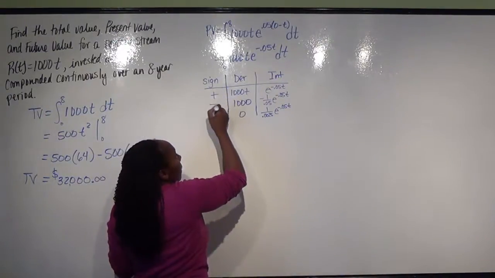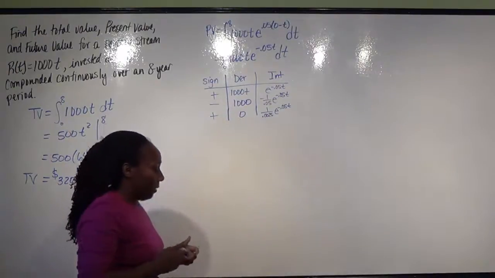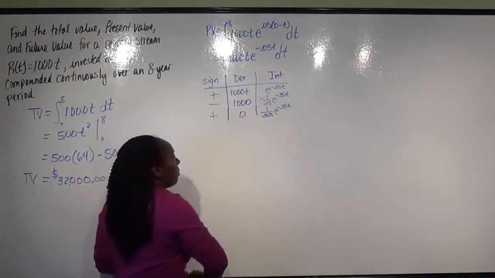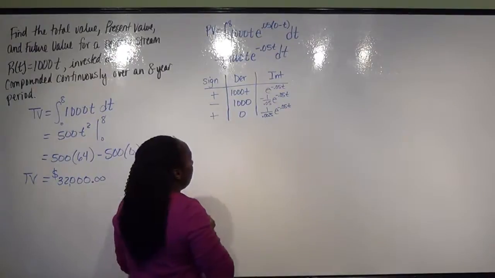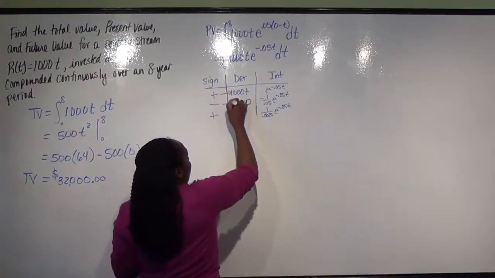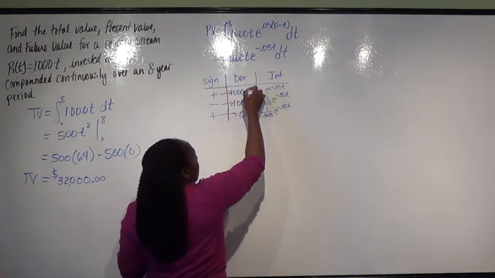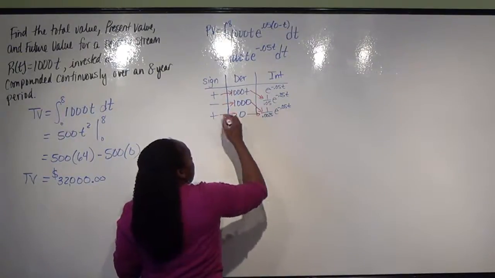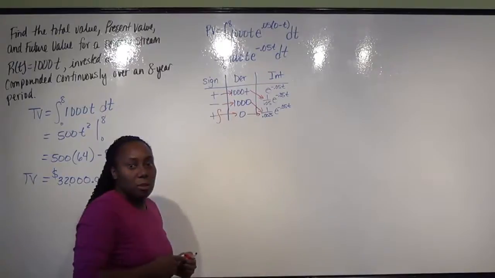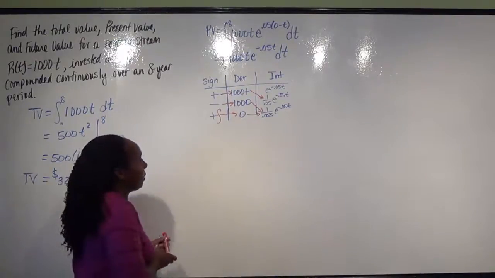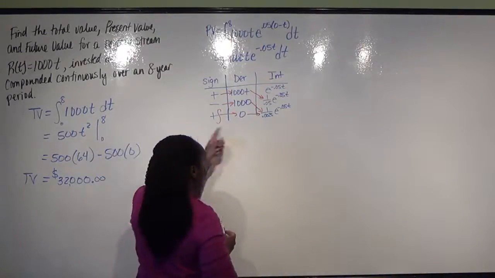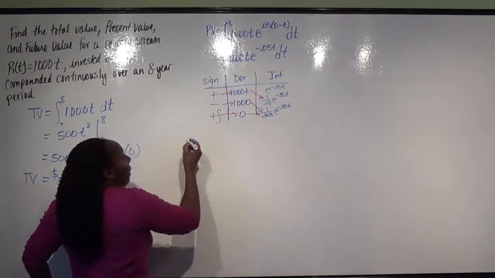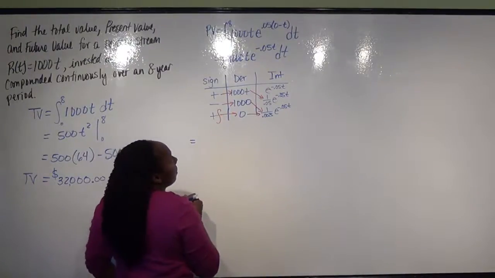Signs, again, just alternate. And from there we can use our diagonals. So again, remember, we'll go across here, diagonal here. This last one is straight across, but the integral of that will give us our constant, or 0, the integral of 0.